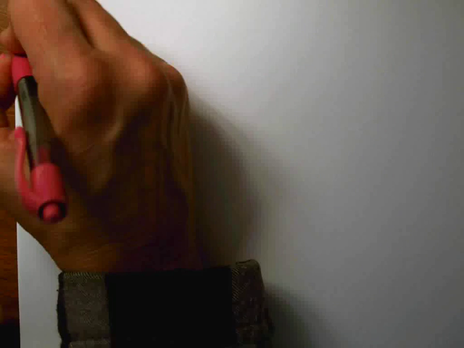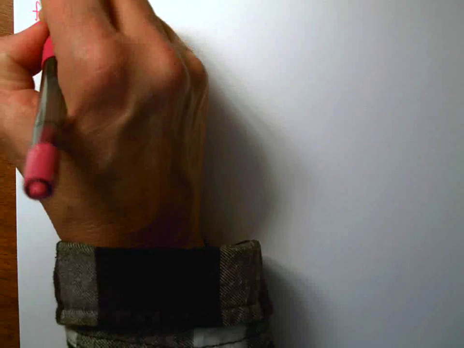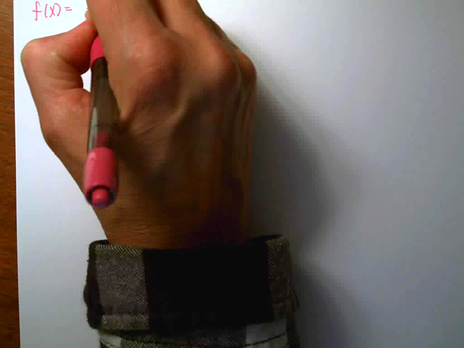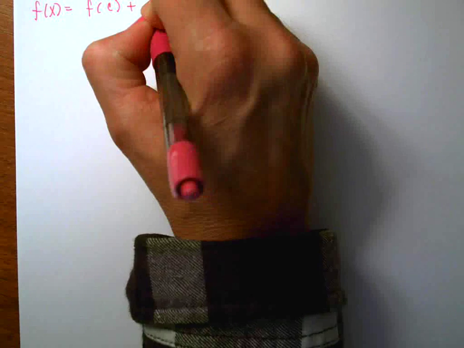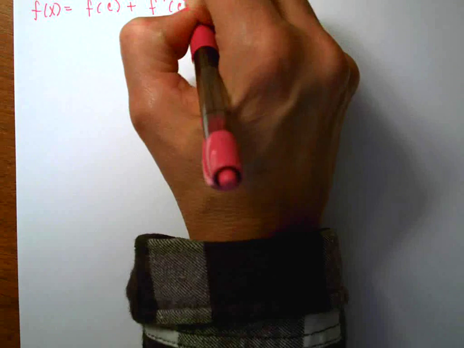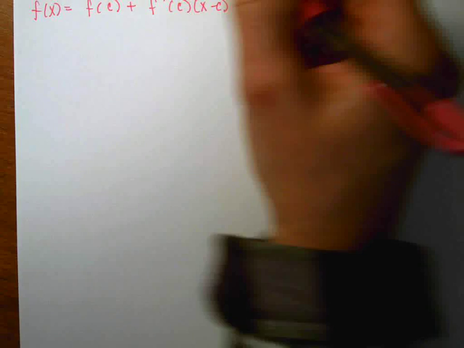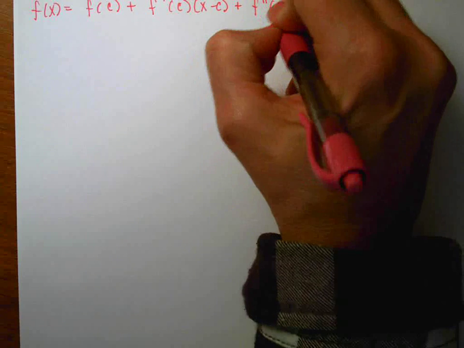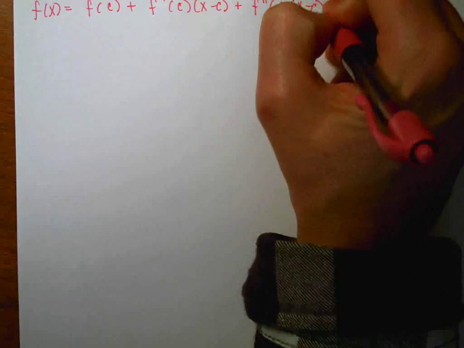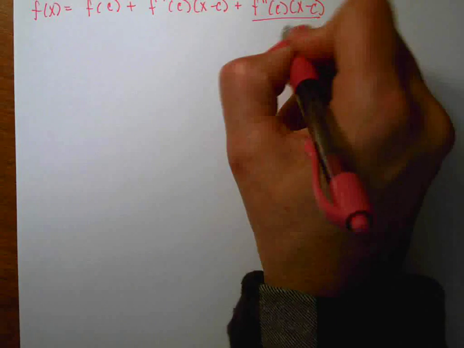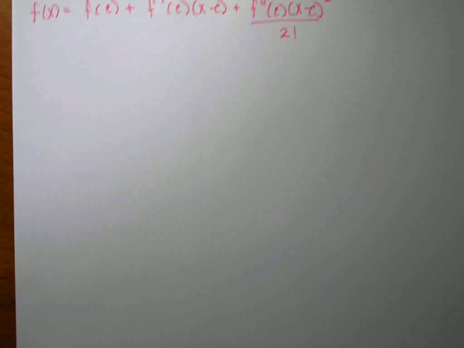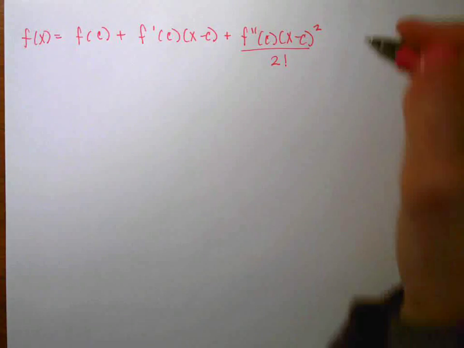Alrighty, so if I go to my next page, and let's say I had f(x) is equal to f(c) plus f'(c) times (x minus c) plus f''(c) times (x minus c) quantity squared over 2 factorial.